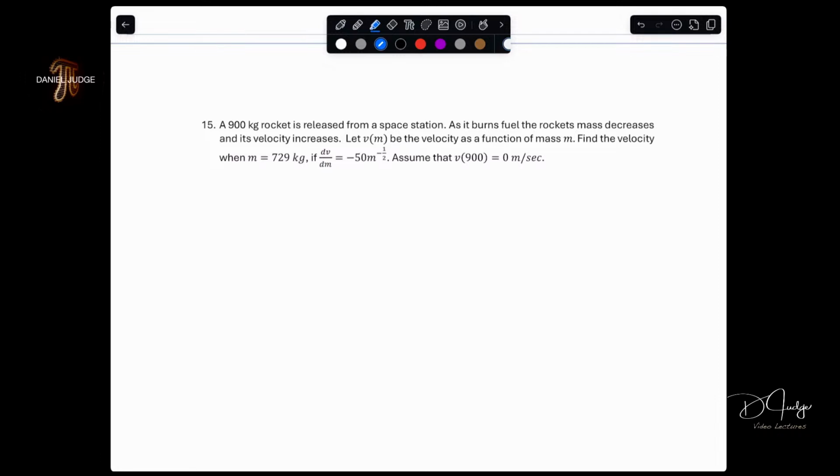Okay, find the velocity. So here's the question. Find the velocity when mass is 729. So v of 729 is what they're asking for.